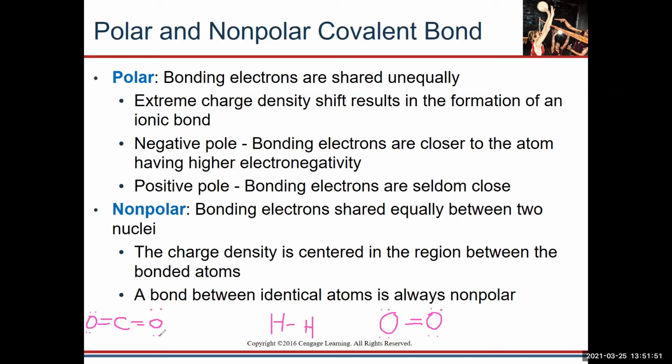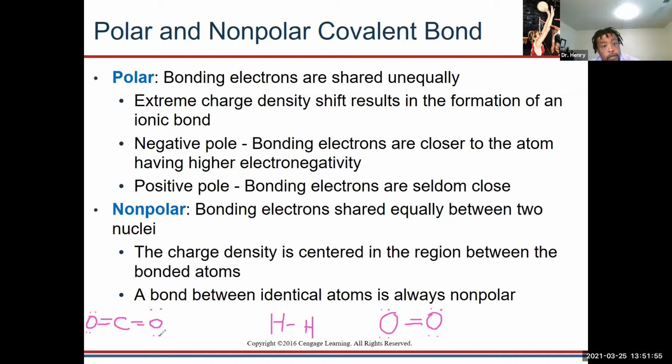So we can talk about bond polarity, or we could talk about molecular polarity. If we just looked at the bonds individually, it would be polar, because oxygen is favored this way, and the other oxygen is favored that way. But if we're looking at the molecule, we're looking at the whole thing together. Does that make sense?